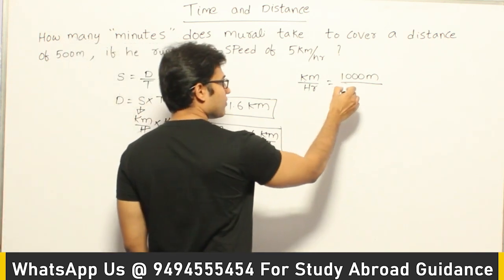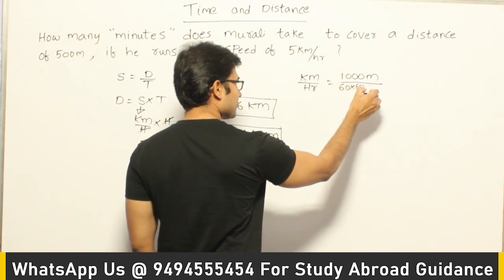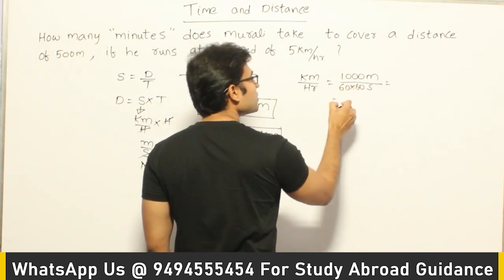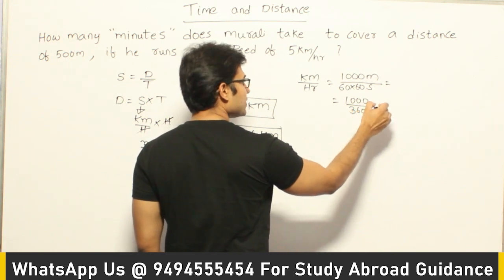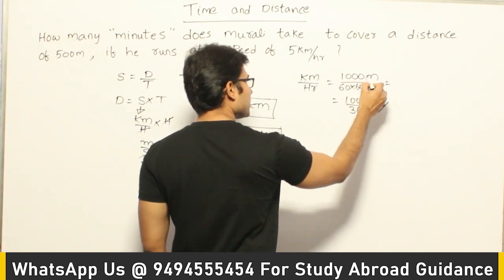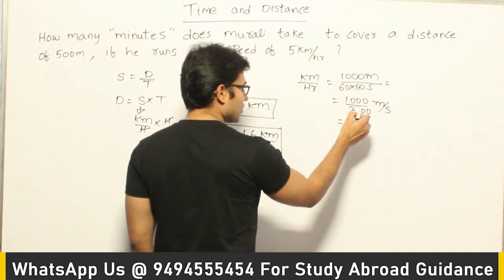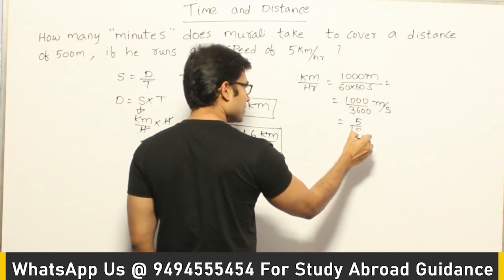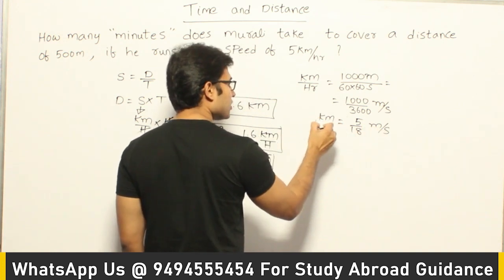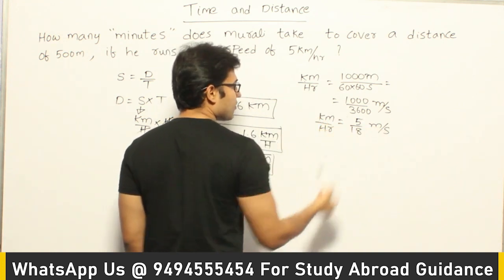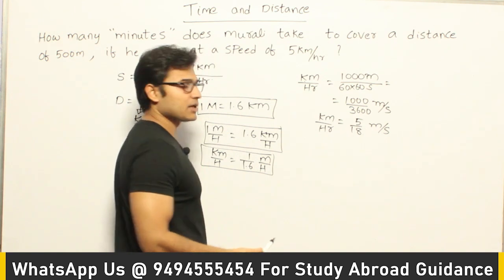Therefore the total number of seconds is 60 into 60, right? So it is going to be 1000 divided by 3600 meters per second, right? So if you cancel it, it is going to be 5 by 18 meters per second. Therefore 1 kilometer per hour can be written as 5 by 18 meters per second, right?